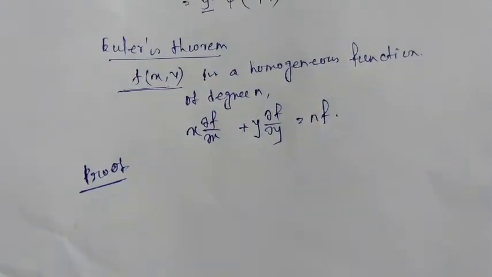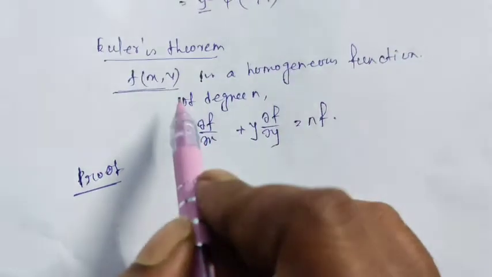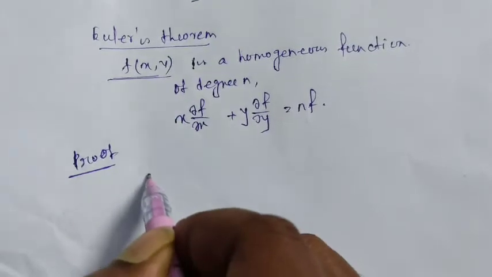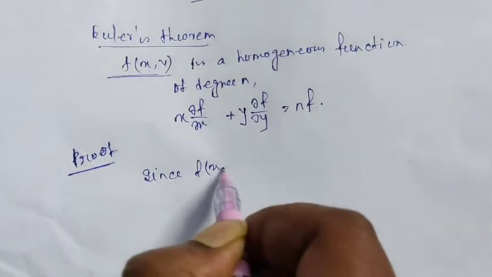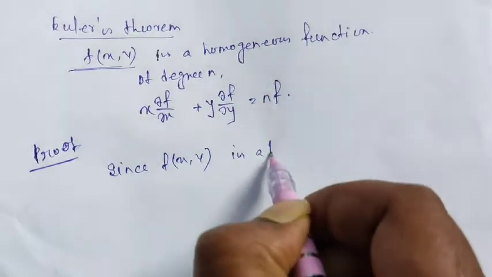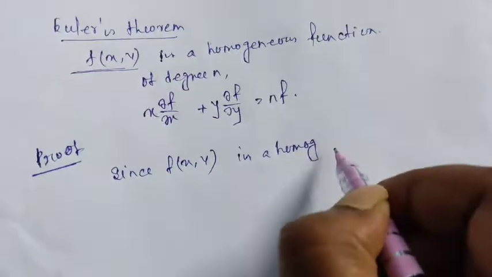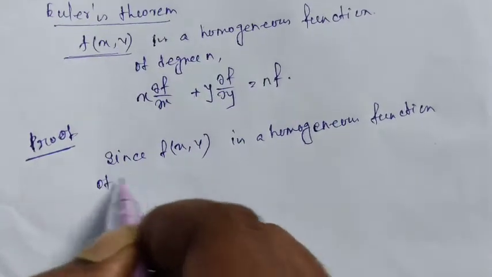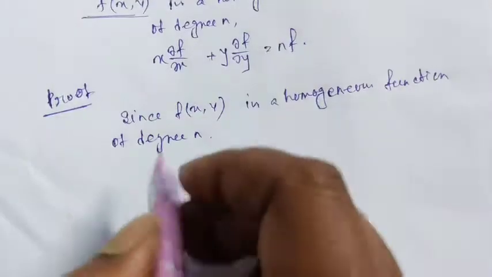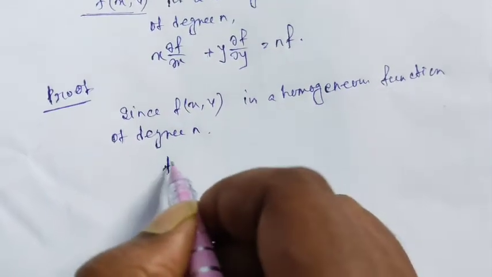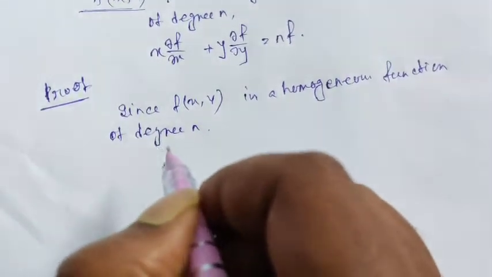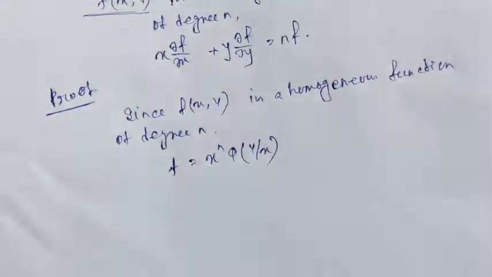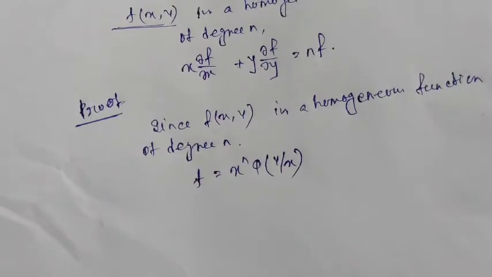What is given, and what do we have to prove? In the statement it is given that f of xy is a homogeneous function of degree n. So we can easily write that since f of xy is a homogeneous function of degree n, f is equal to x to the power n into phi of y by x.